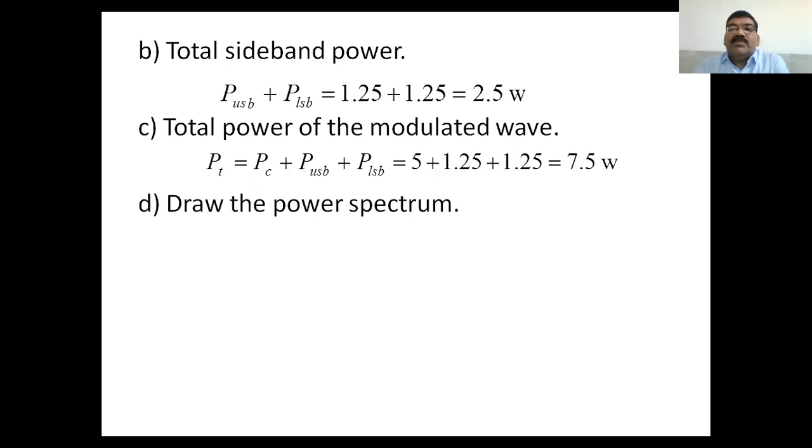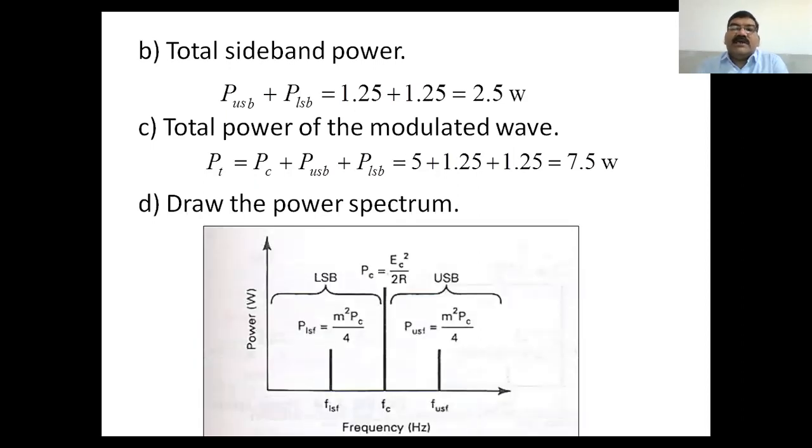Whatever powers you got, mention them in the spectrum. It is the same spectrum I put in the previous slide, but when you draw the spectrum, always put the power level. So your center carrier frequency is 5 watt, and the upper and lower sidebands are 1.25 and 1.25.